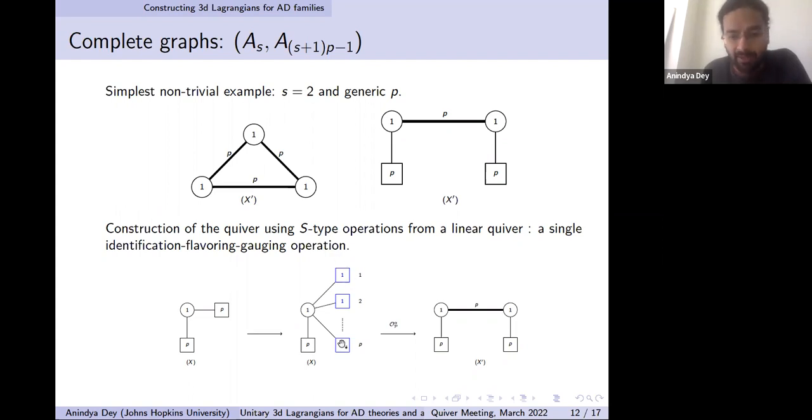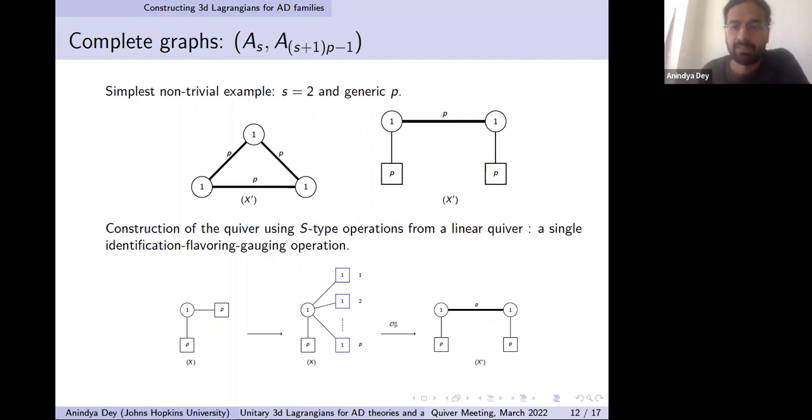And then I identify first, add extra P hypermultiplets, and gauge the U1. Okay. So this is a single identification, flavoring, gauging operation.